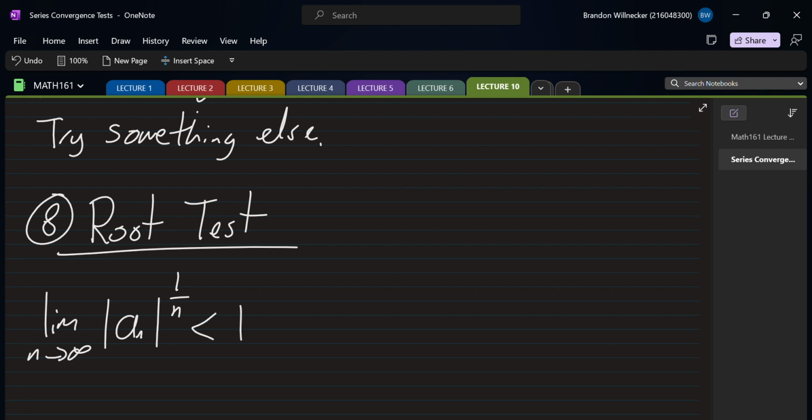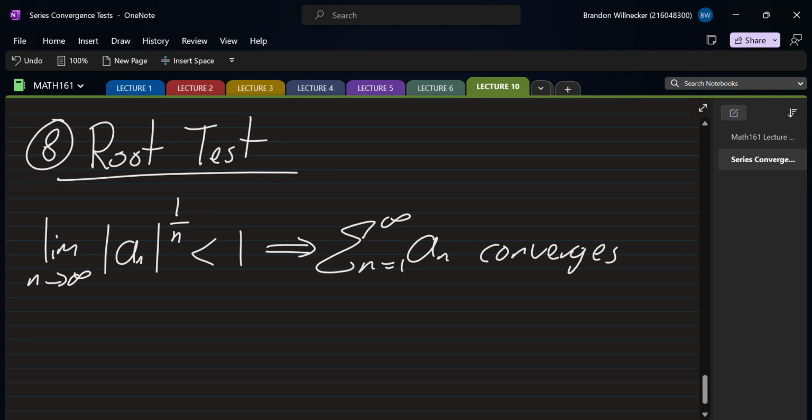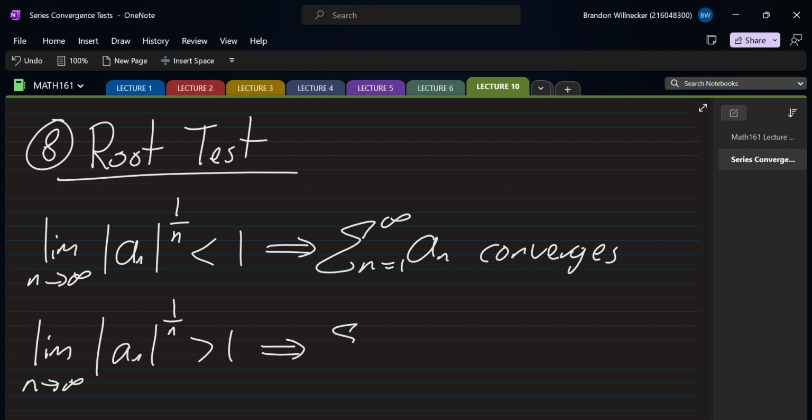If this is less than 1, then it converges. If it is greater than 1, it diverges.